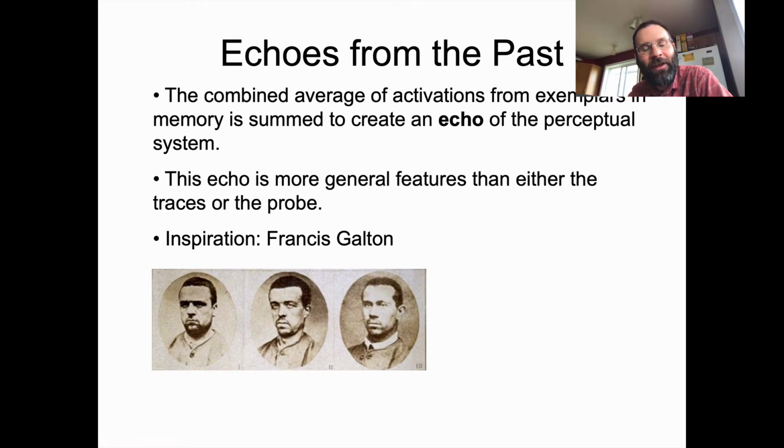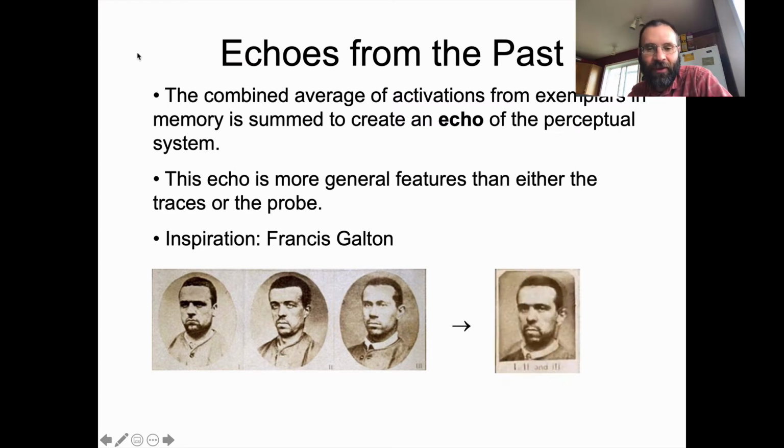So he's trying to define what a particular kind of person looks like by averaging these three together. The average he gets looks like this, and you can see features of each one of these guys in the average, but this abstraction doesn't look exactly like any single one of the actual people.